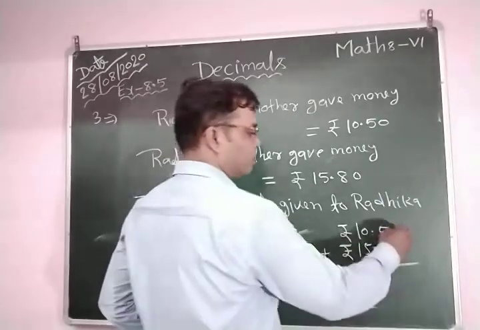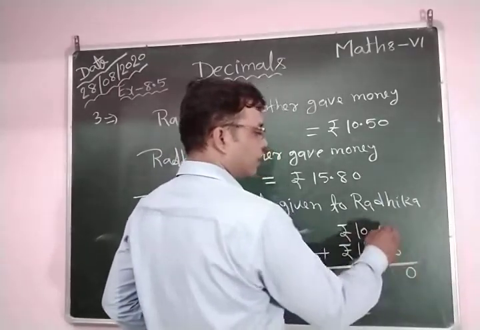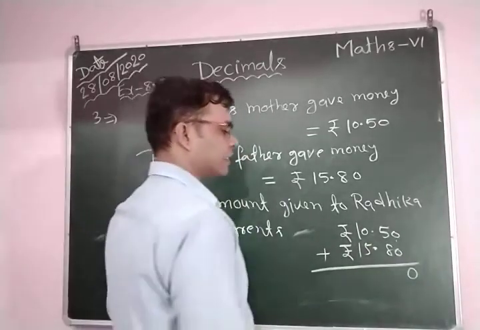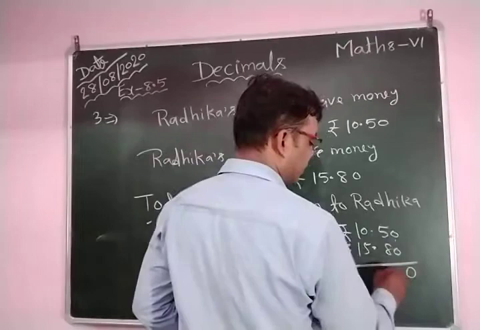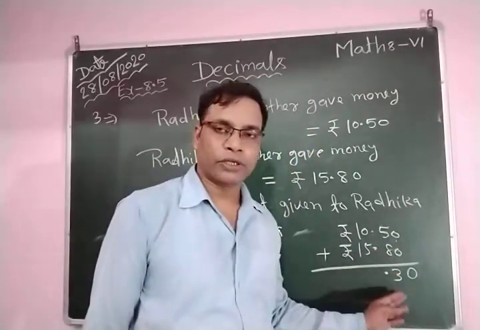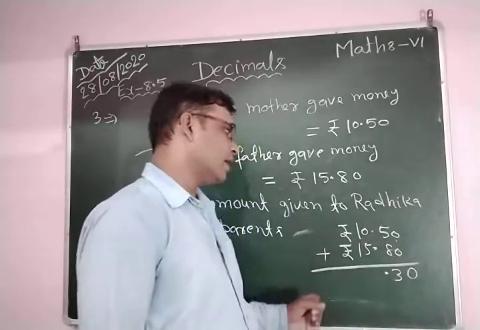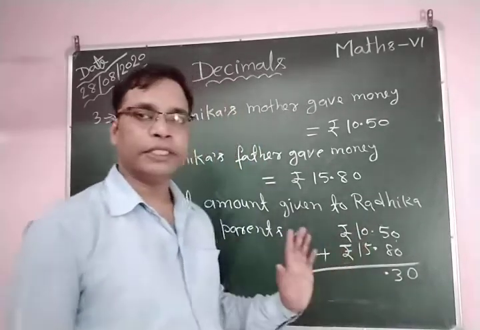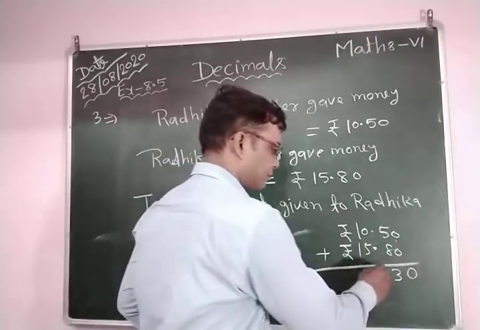0 plus 0, this is equal to 0. 5 plus 8, this is equal to 13. Okay, and here the decimal, carry 1. Then 0 plus 1 is 1, 1 plus 5, this is equal to 6.